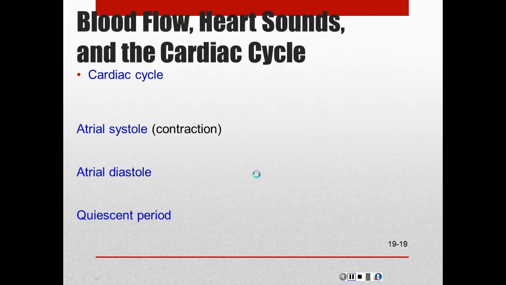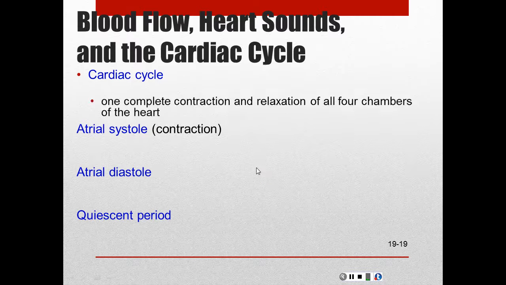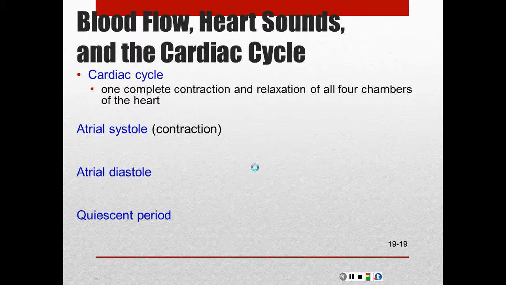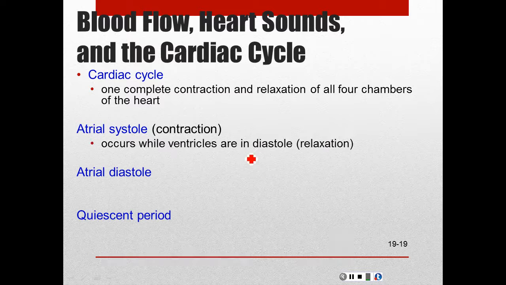Alright, so a cardiac cycle consists of one complete contraction and relaxation of all four of the chambers. We have atrial systole, which is contraction of the atria, and while this is contracting, the ventricles are relaxed, which is diastole.